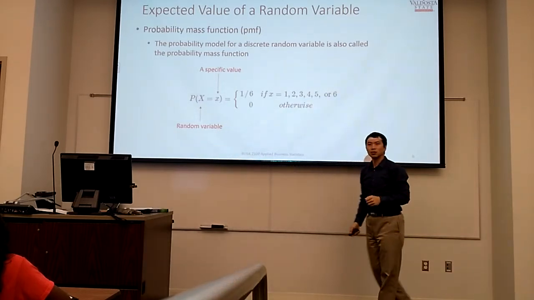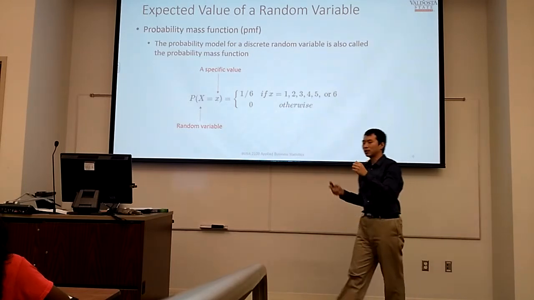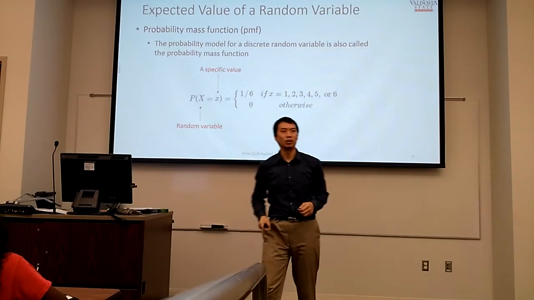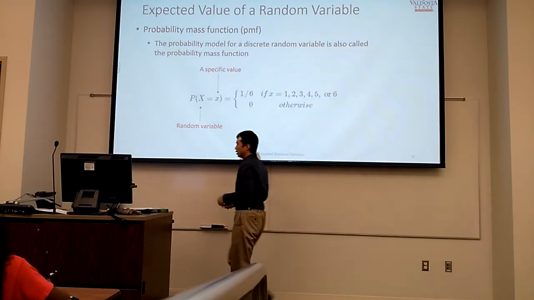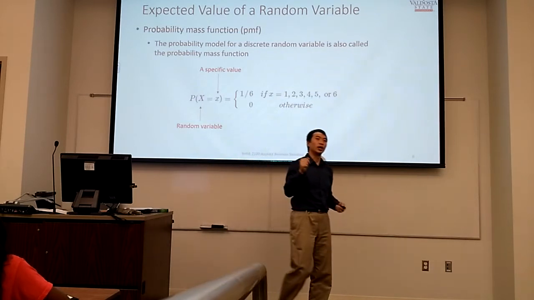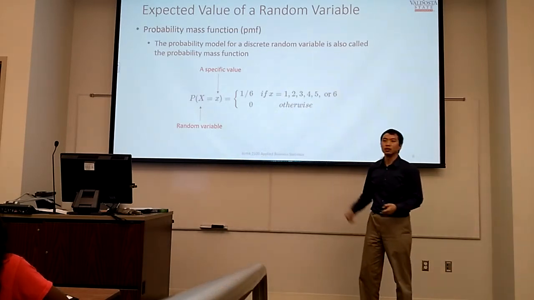We use this to describe the probability of a discrete random variable equaling a specific number. If you want to describe the probability that the random variable X is equal to 3, you can use this equation.